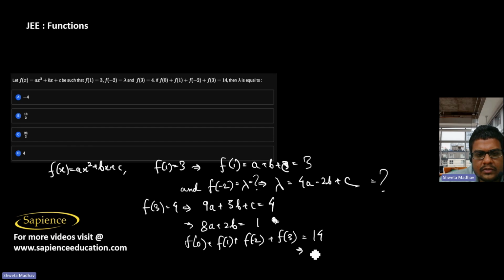So f of 0 is nothing but c. So it will be c plus f of 1, that is 3, plus f of minus 2, that is lambda, plus f of 3, that is 4, equal to 14.